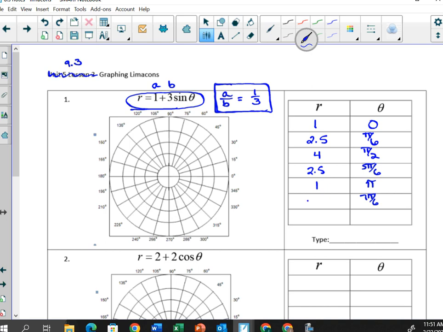Negative 1/2. How about 3 pi over 2? Negative 2, good. And I know there's not room, but squeeze in 11 pi over 6. What do we get? Negative 1/2 again, okay.